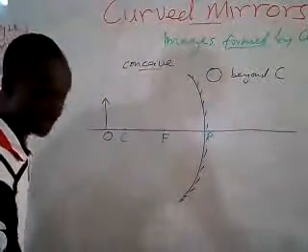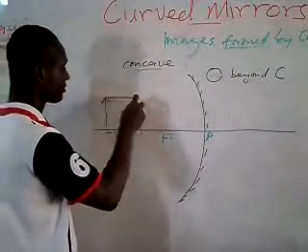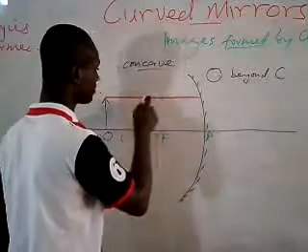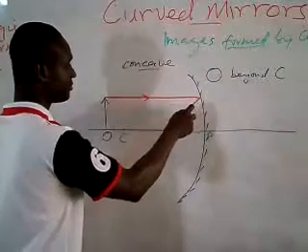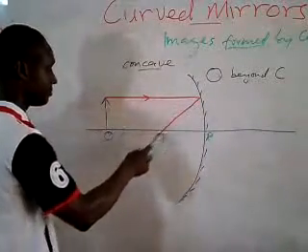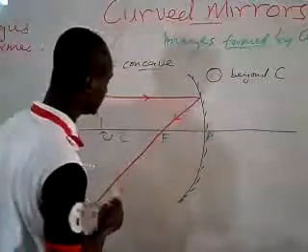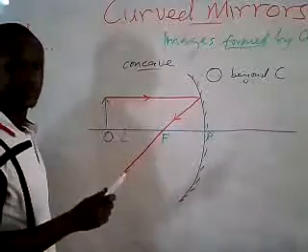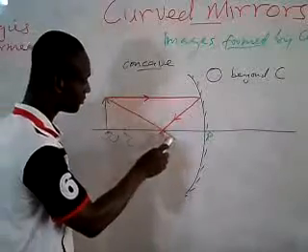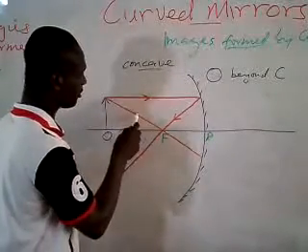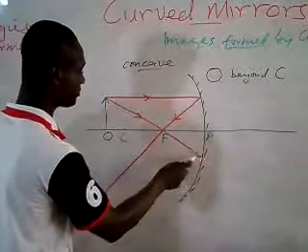Rays parallel to the principal axis reflect through the principal focus. And rays passing through the principal focus also reflect parallel to the principal axis.